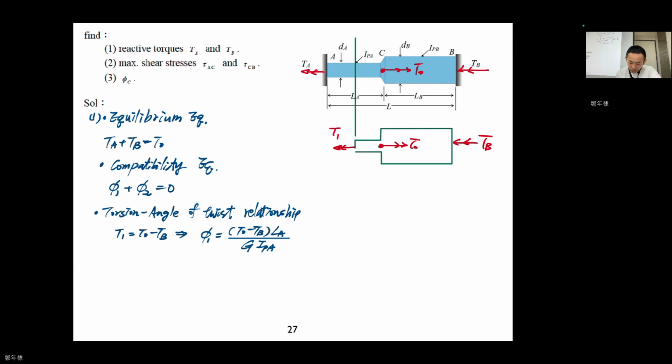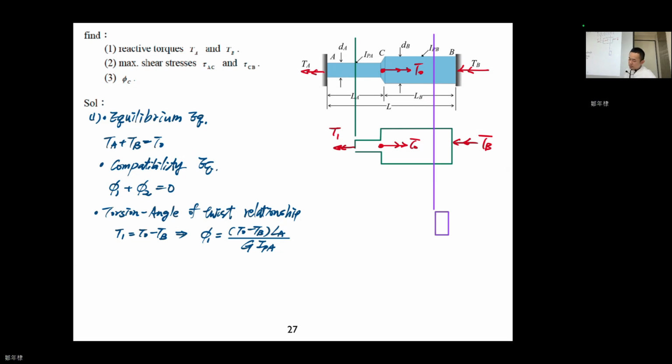IPA is the cross-section property. Okay. Now let's take a look at the second section. I use purple. So I make the second cut, okay, and then we draw.